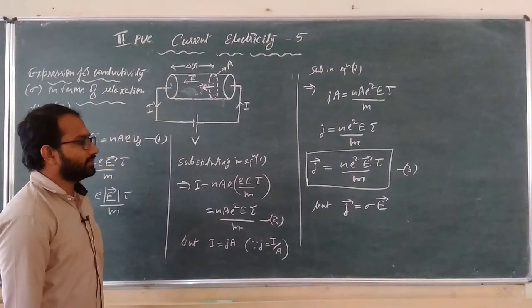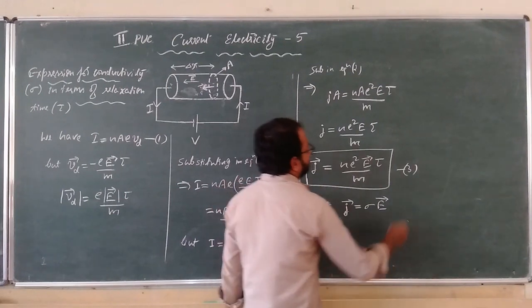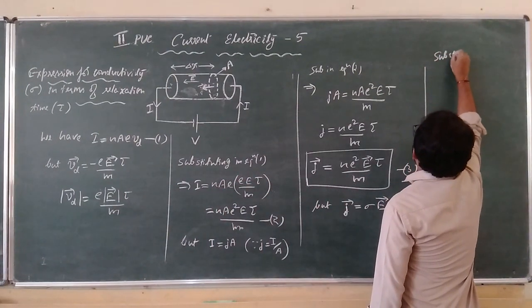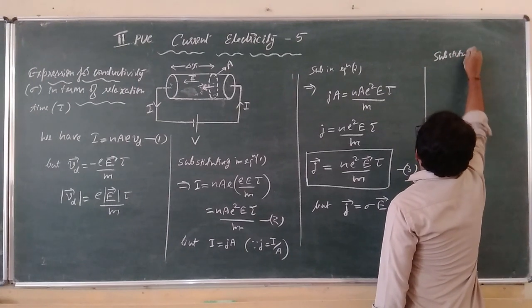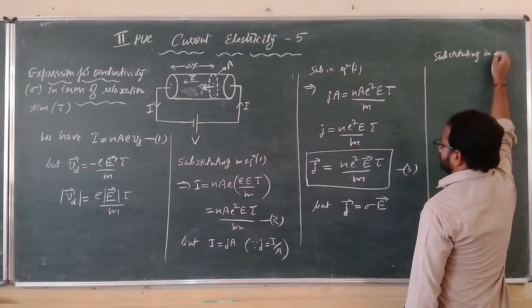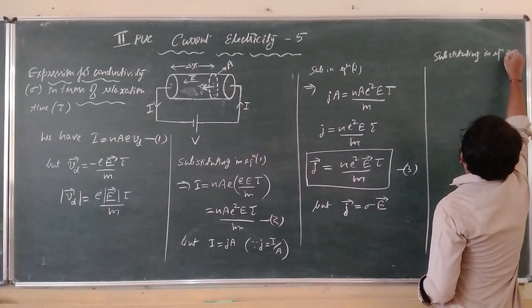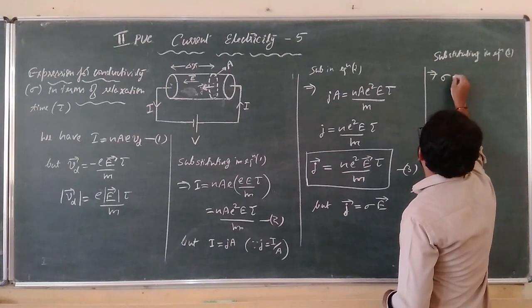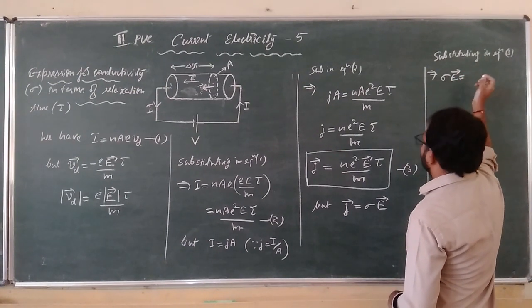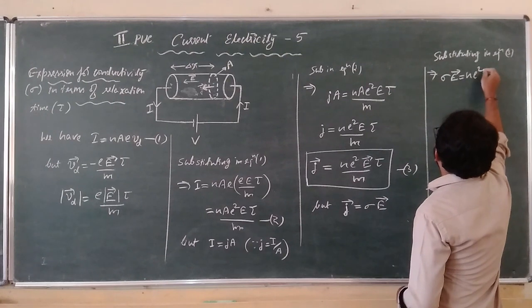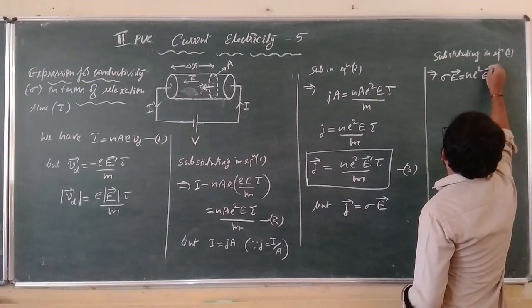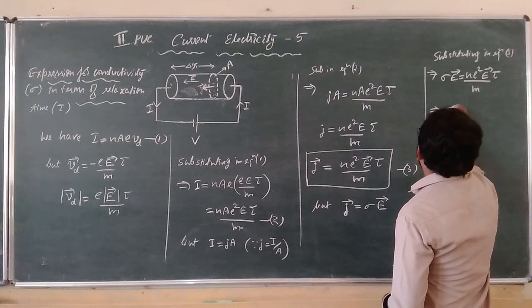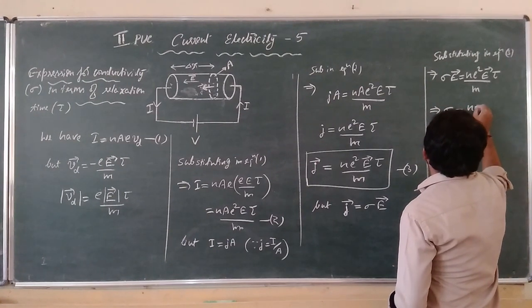Substituting in equation 3, vector J is equal to sigma into vector E, which is equal to n e square vector E tau by m.